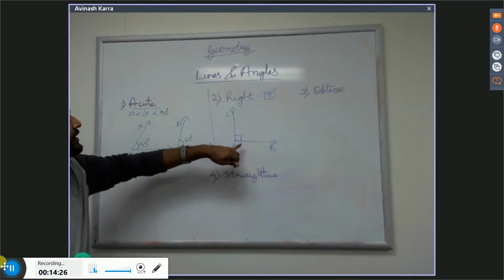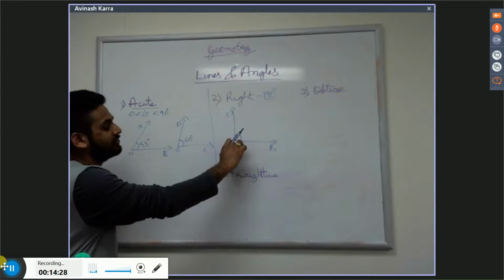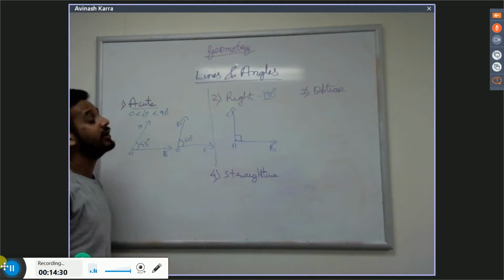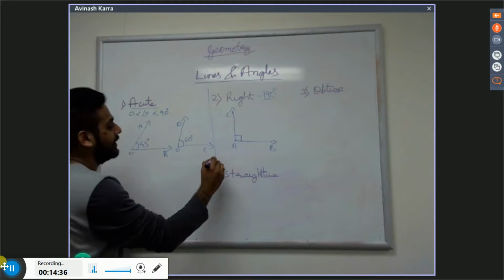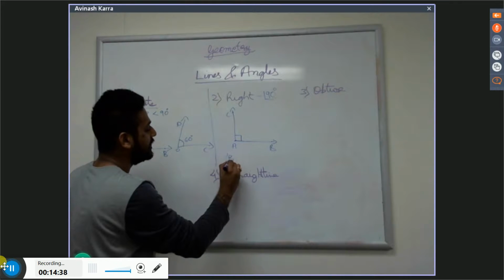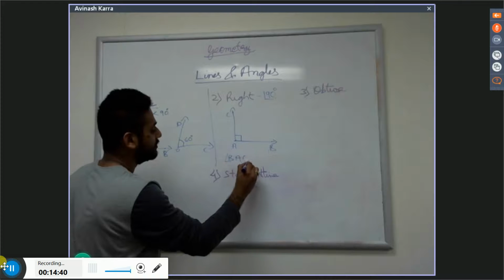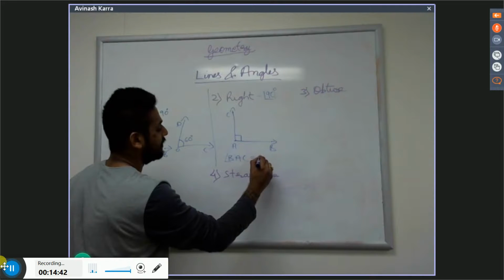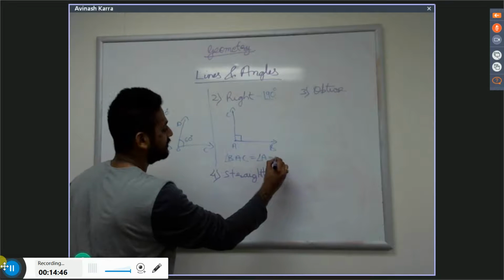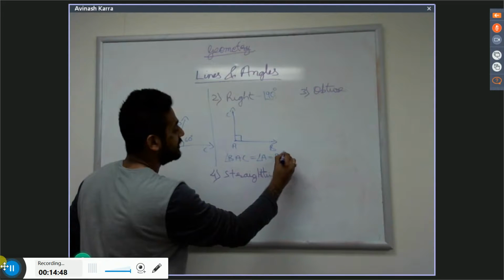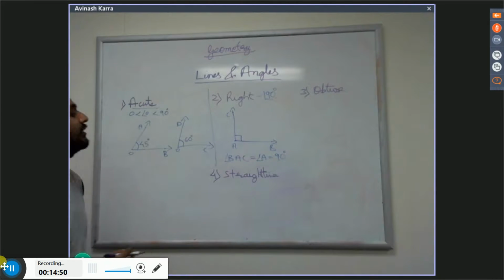If they don't give the value like 90 degrees but they denote it with this sign, it means that it is a right angle. So angle BAC, I can say angle A also, is equal to 90 degrees.